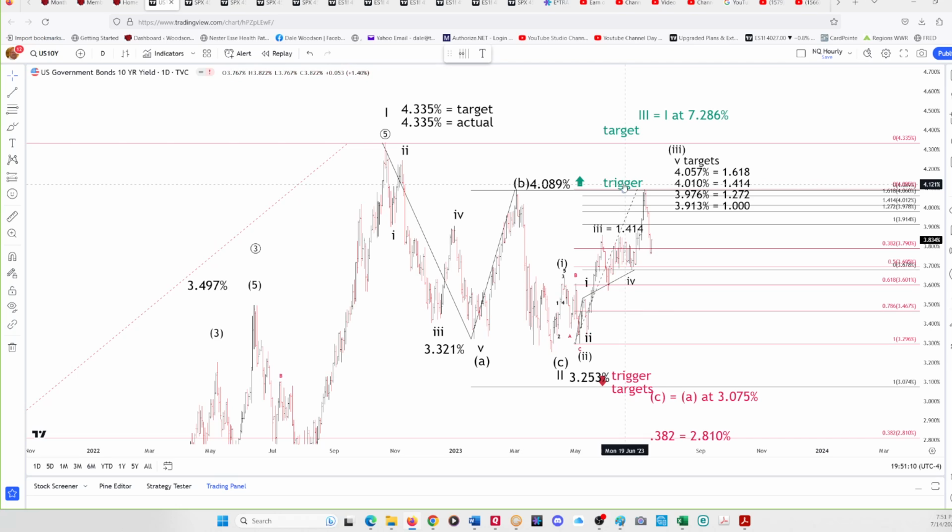A move above that trigger gives us this target for a minimum of wave 3. Keep in mind, wave 1 took a year and a half at least. So that was key. And the other key is the trigger down here, moved below this 3.253, brought these red targets into play. Okay, so I'm going to move this off the daily and into the hourly.